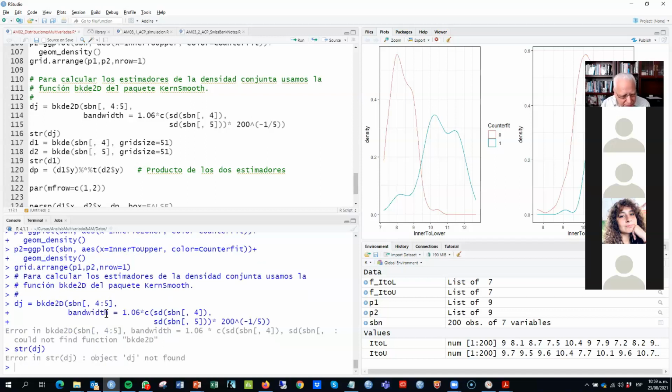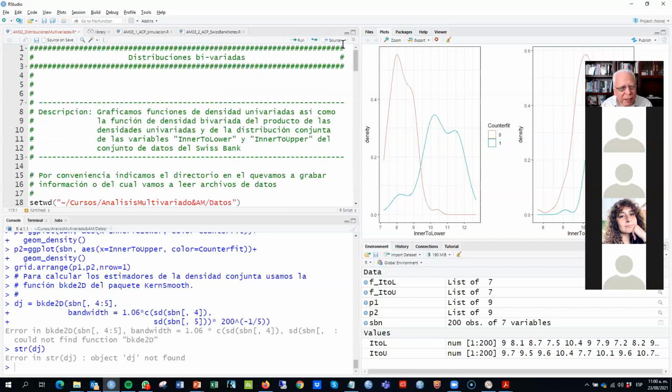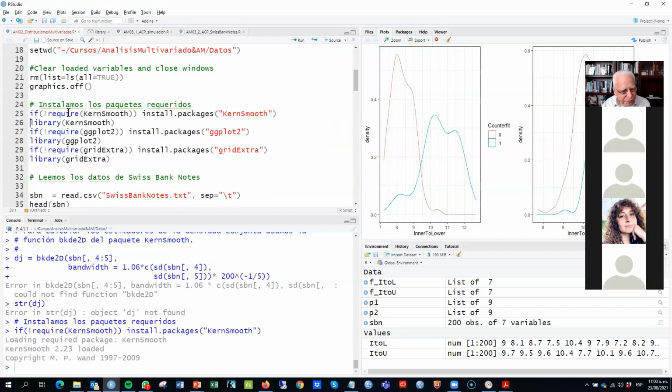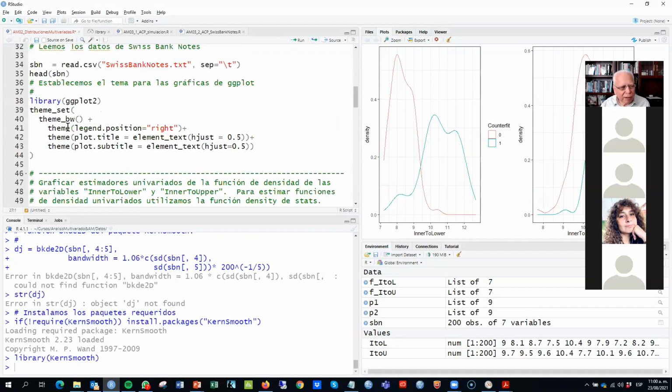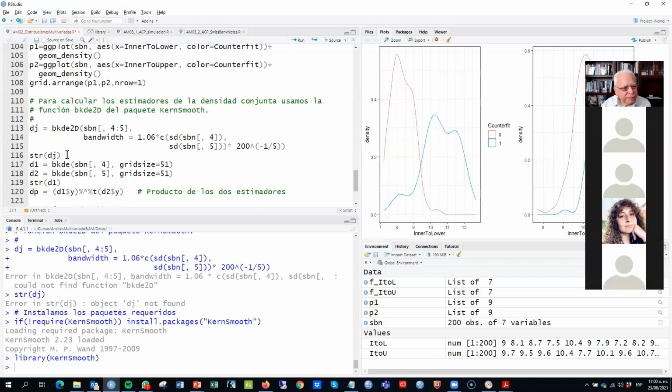It gives you an error, bandwidth. Did I install it? Let me check if it gave me an error when I installed KernSmooth. Now let's go back here, because that's a function from KernSmooth.